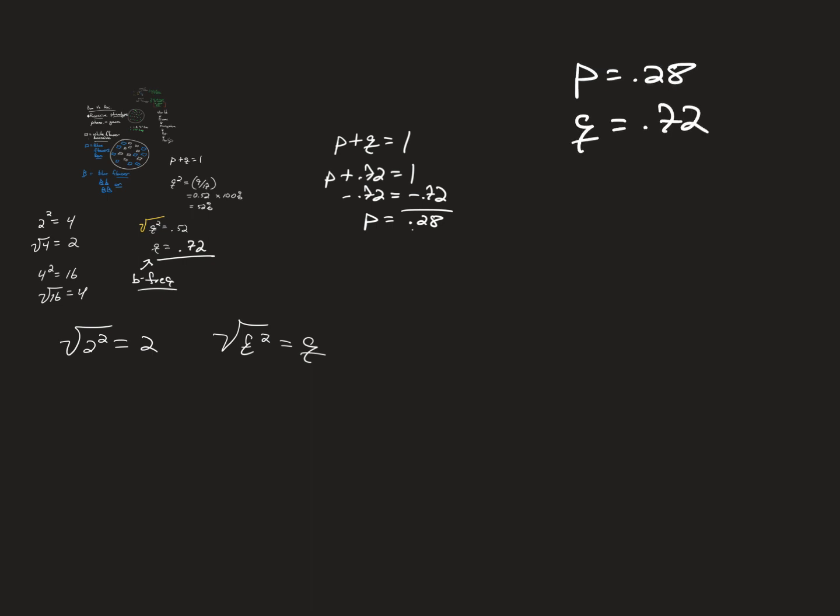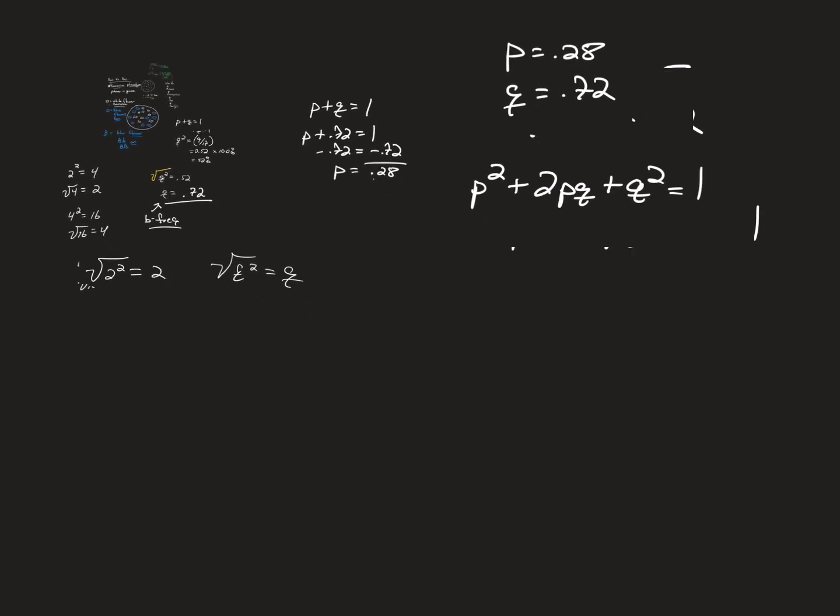Then the next question is, how many do we predict? These are predictions. How many would we predict, if there's no evolution, to be homozygous dominant? How many would we predict to be heterozygous? And how many do we predict to be homozygous recessive? Well, we know the homozygous recessive. We don't have to predict that because we were given that. So that number is 0.52.